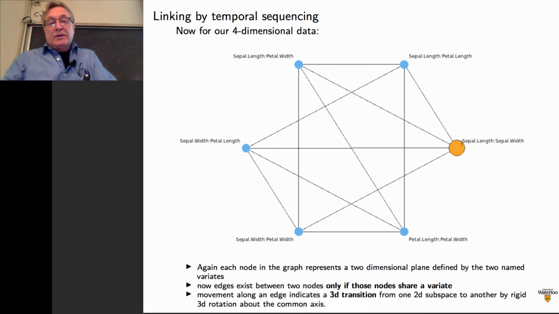So I want you to think about that. This is a four-dimensional space that has a bunch of two-dimensional subspaces sitting around on the nodes, where we could look at a picture of that. And as we traverse along an edge, we're moving through a three-dimensional transition, from one 2D space to another 2D space. And I could just travel around this whole graph.